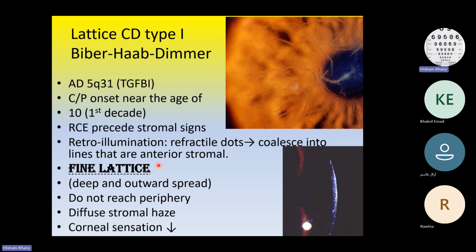It has an onset near the age of 10, so young child. The recurrent corneal erosions may precede stromal signs. So as we see here, we might not be able to diagnose the case except with good documentation and follow-up of the patient.